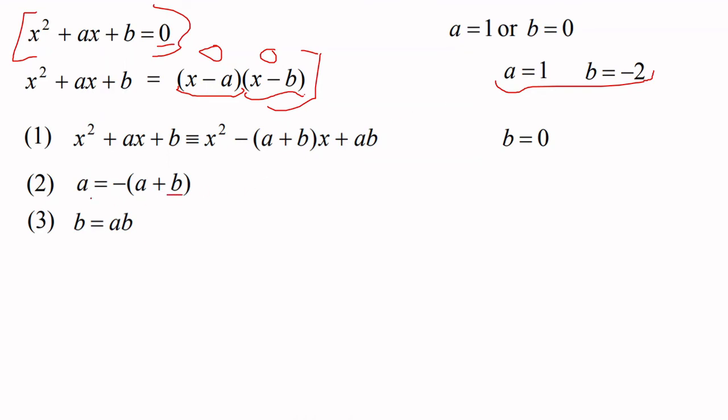Okay, well, let's think of a number. So that means if this is 0, we can just scribble out the bracket and say a is equal to minus a. Now, what number is equal to the negative version of itself? 1 is not equal to minus 1, 2 is not equal to minus 2.